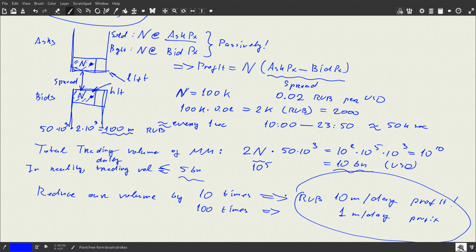Not that much, because you see, if we say a transaction every second, then it is really just a huge volume, 10 billion per day and 100 million rubles of profit. Okay, we reduced it by a factor of 100, which is a very, very conservative estimate in this case, and yet we arrive at 1 million per day of profit.